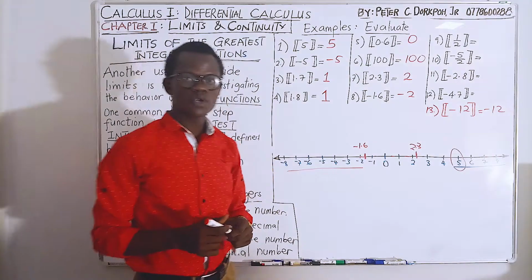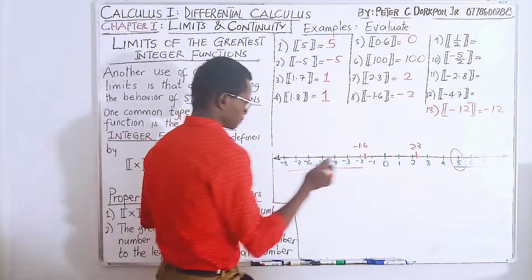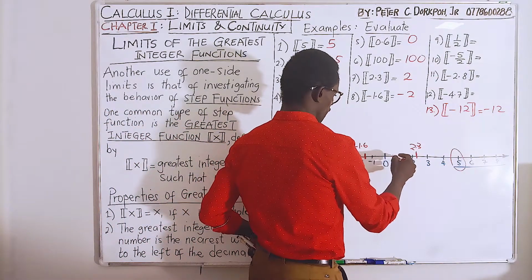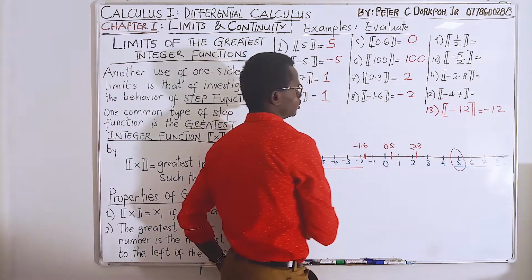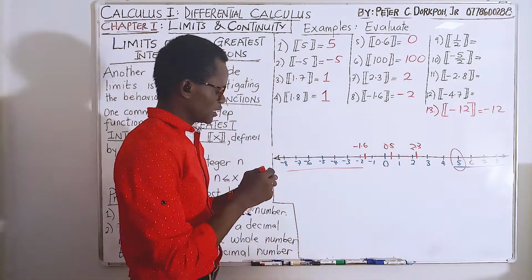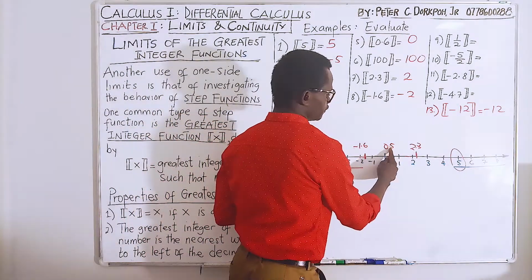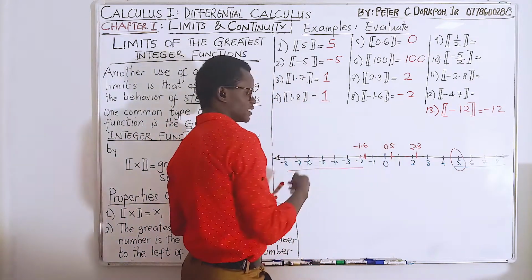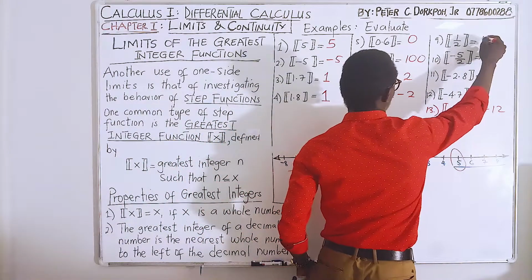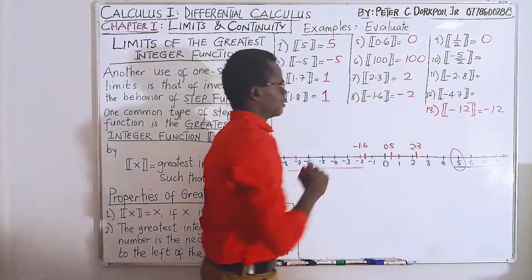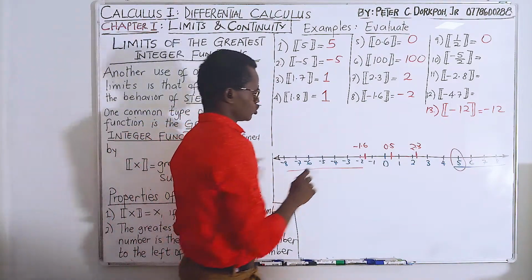And we know 1 over 2 is equal to 0.5, right? So 0.5 is around here. So what is that integer that is not more than 0.5, but is less than 0.5? It is 0. 0 is an integer. So it is 0.